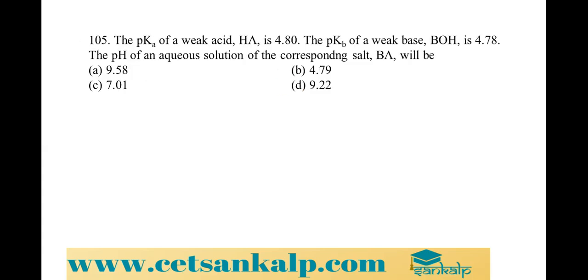Next, the pKa of weak acid HA and the pKb of weak base BOH are both 4.78. The pH of the aqueous solution of the corresponding salt BA will be.